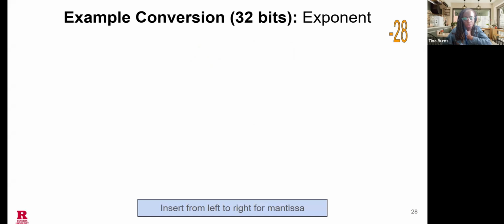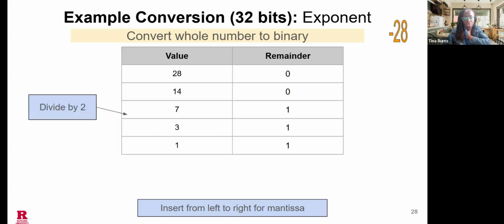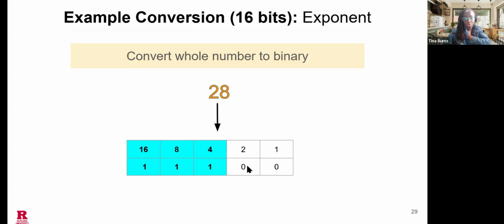Now, we're going to convert our whole number to binary. We kind of have an idea of what that's going to be, right? If I start from here, 28, 14, 7, and 3, here's going to be our representation of that number in binary, right? 11100.